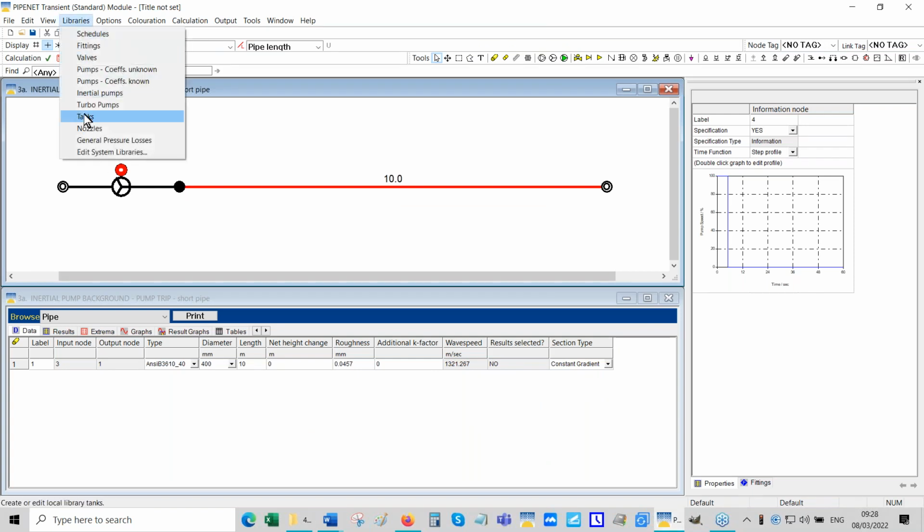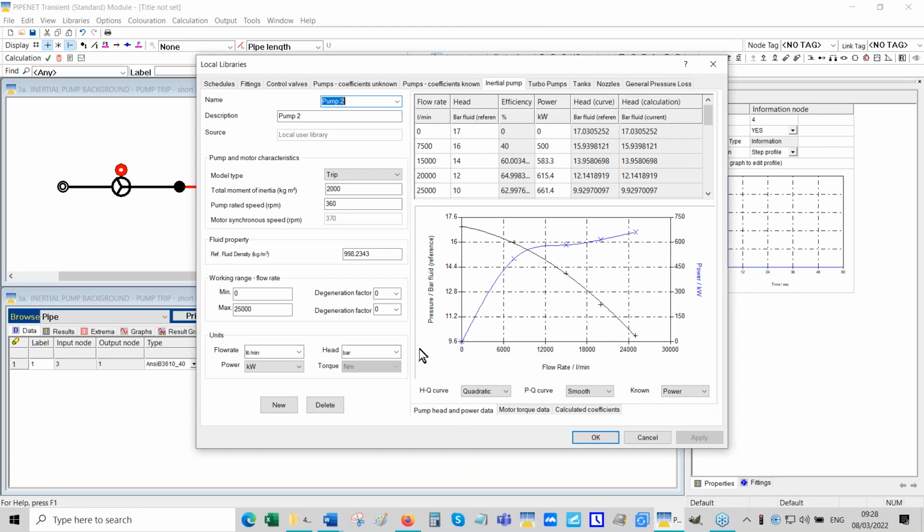You can see that in the library. There are two modes: trip, startup, or both. Essentially, the startup mode is the same as both, but they're separated just to avoid confusion.